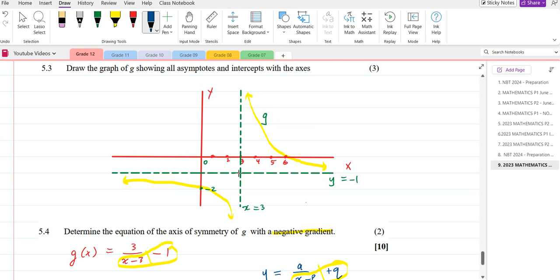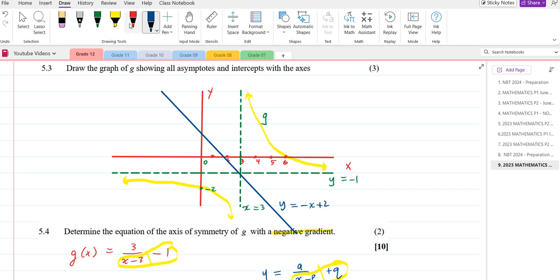So when you fold along this line, all of this graph will touch all of this graph. That's why it's called an axis of symmetry, right? So this is the axis of symmetry line, y equals negative x plus 2.